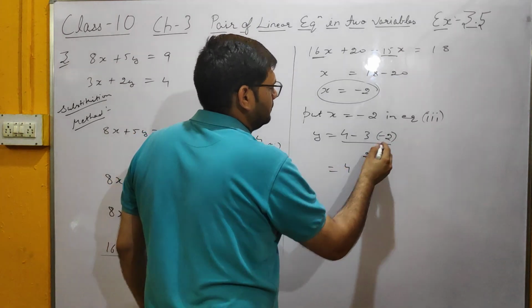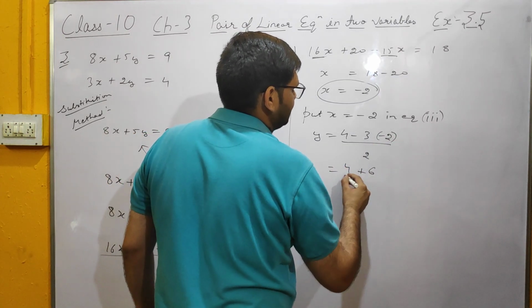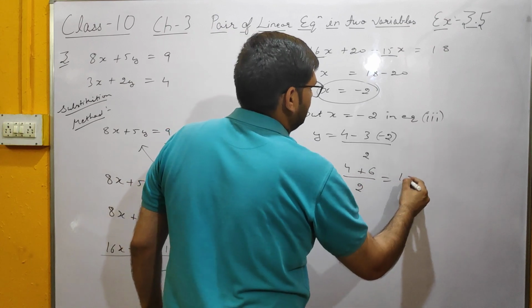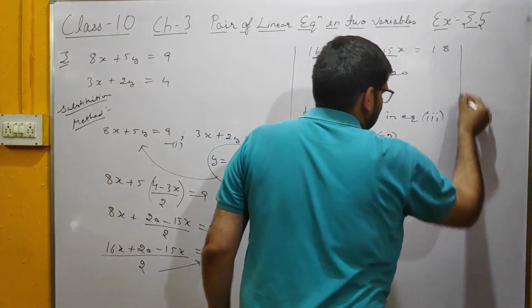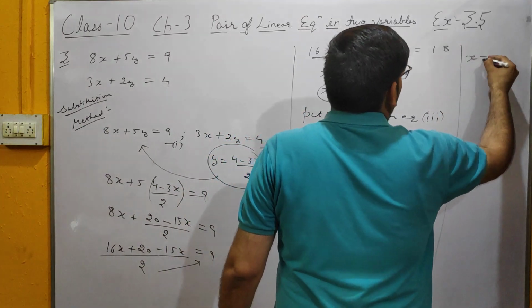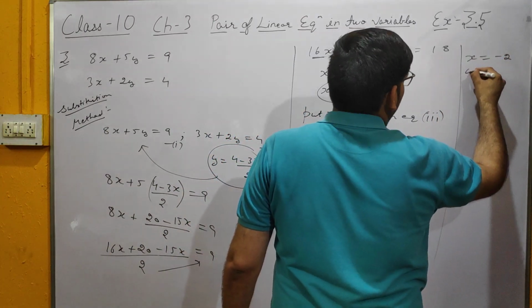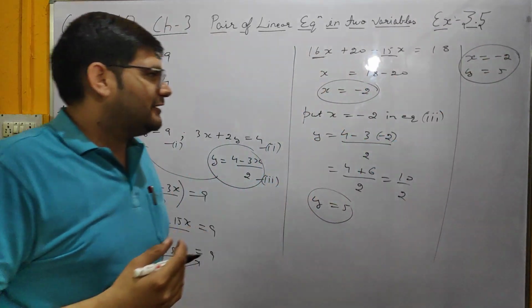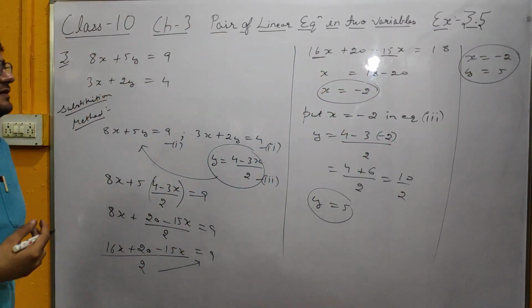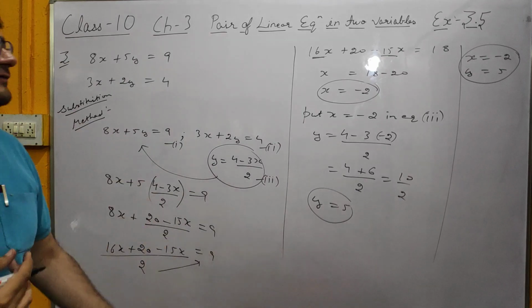So it is 4, then plus 3 2s are 6, upon 2, it is 10 by 2. Therefore the value of y is 5. So the value of x is minus 2 and on the other hand y is 5. So these are the values we are getting by solving this pair of linear equations in two variables by the method of substitution.